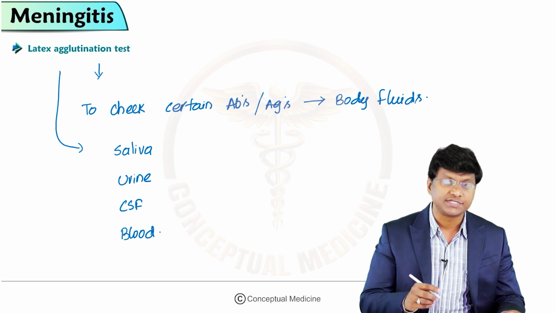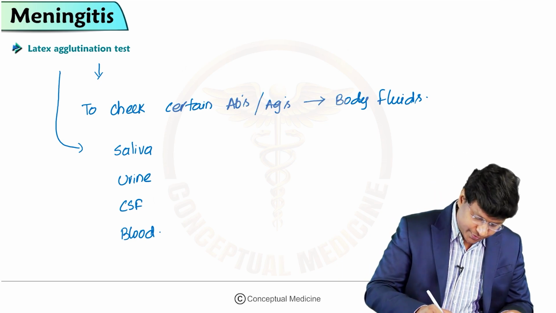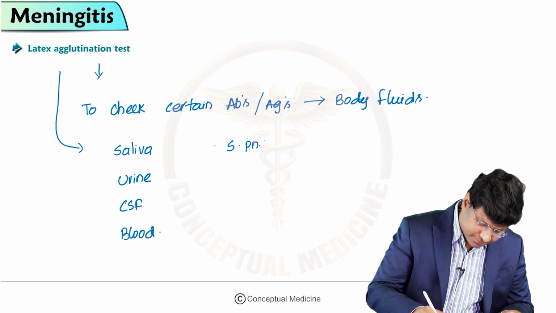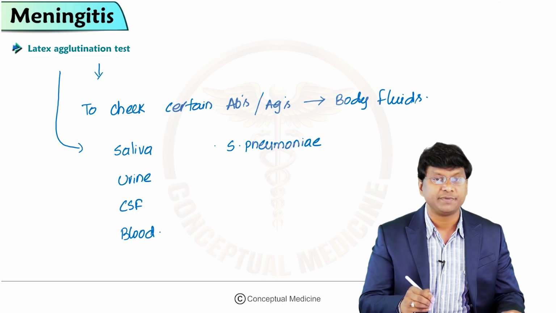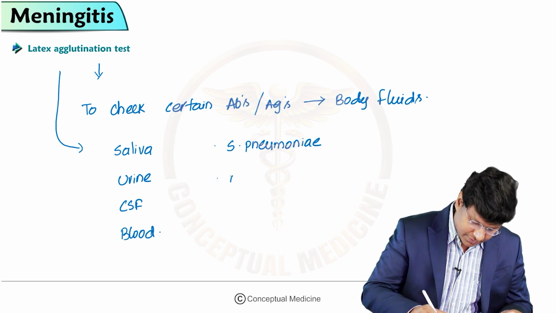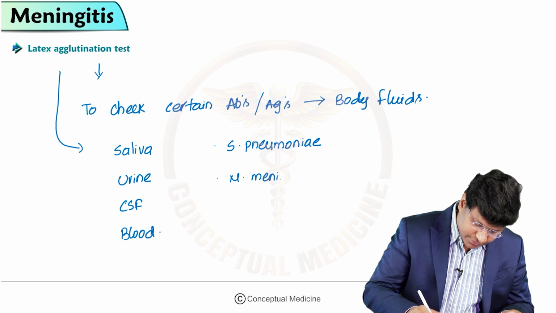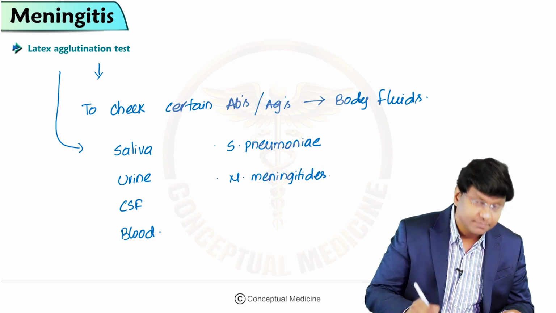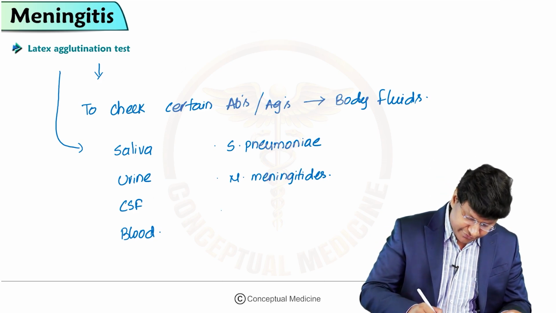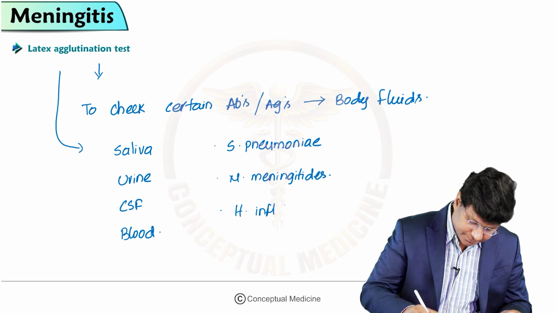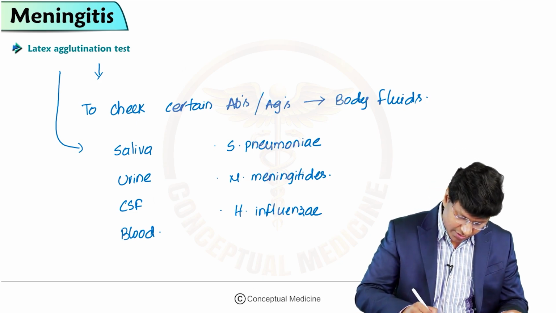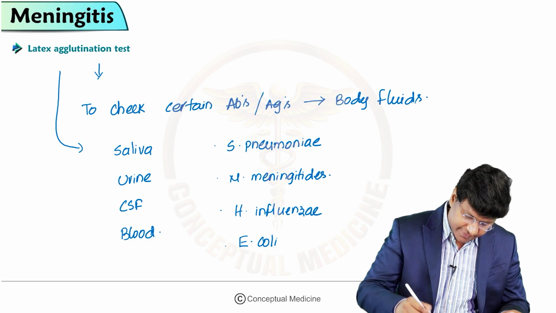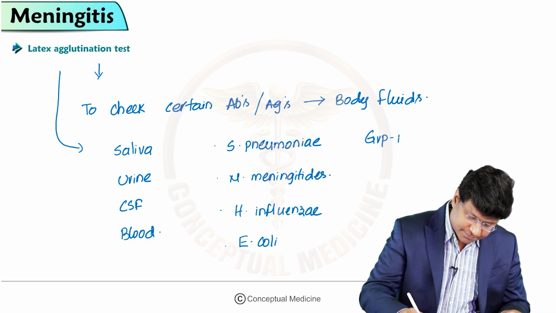And this latex agglutination test may be positive in patients with meningitis due to Streptococcus pneumoniae, or secondary to Neisseria meningitidis, Haemophilus influenzae, Escherichia coli, and then group B Streptococcus.